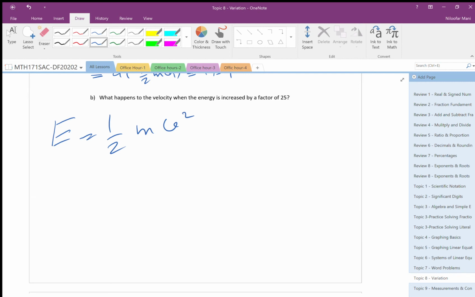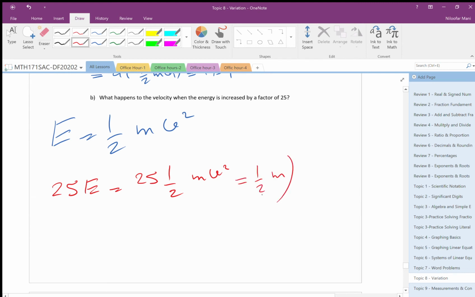How about V? Remember, 25 is multiplied by E, so I have 25E, so it must be 25 times 1 over 2 m v squared, and then it is 1 over 2 m (5v) squared.